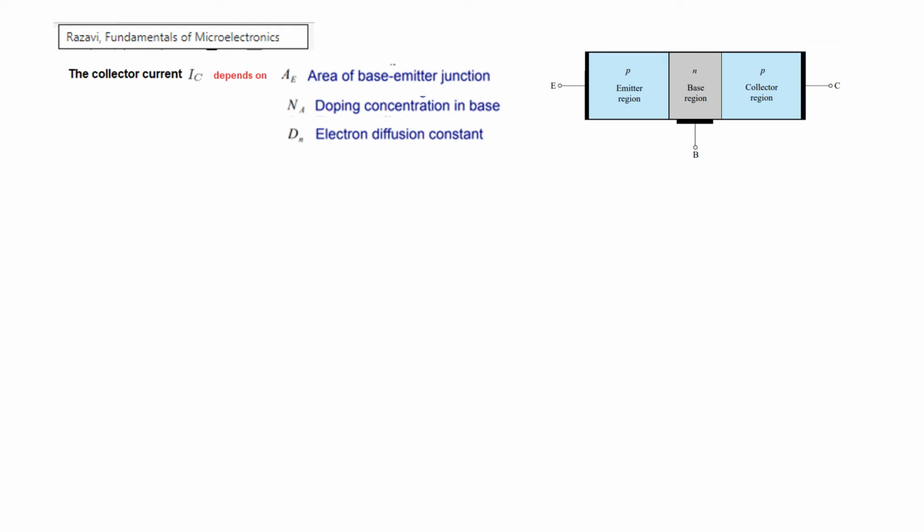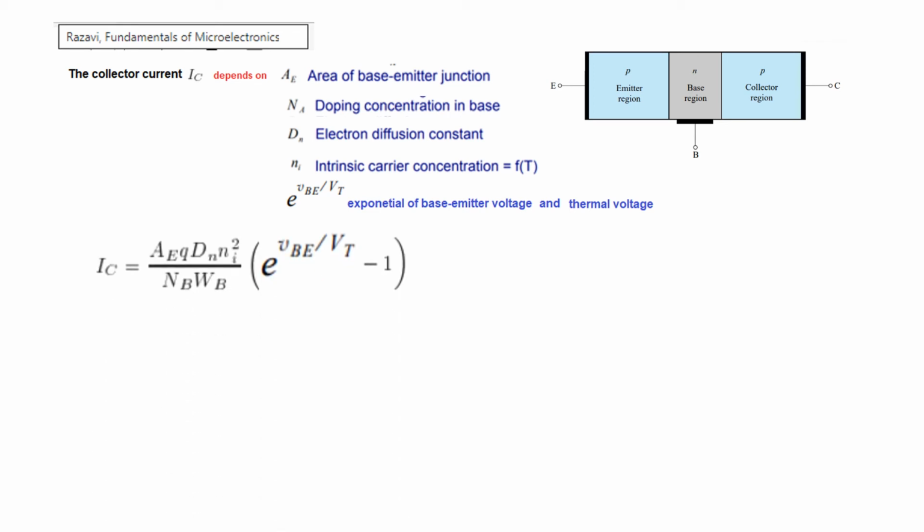Now I will not go into the details. You can read from the books. Not required really. Then the intrinsic carrier concentration. And finally, the exponential of VBE, that is the voltage between base and emitter, divided by VT, that is the thermal voltage.